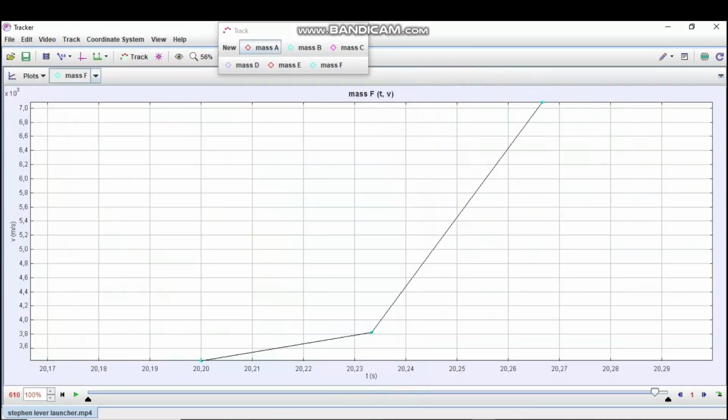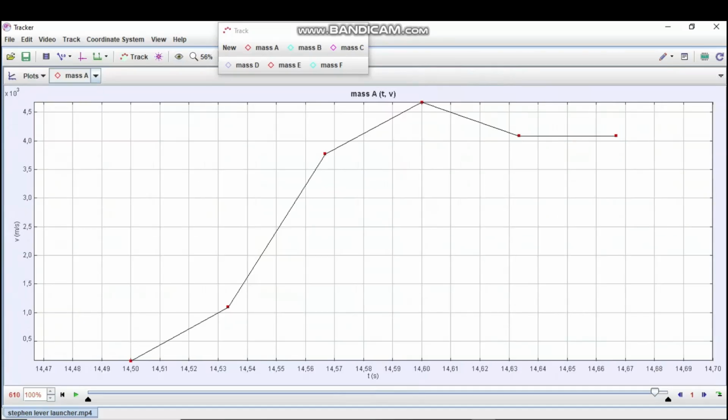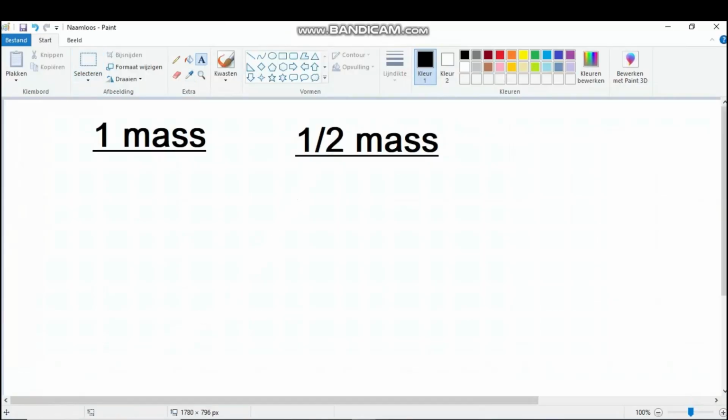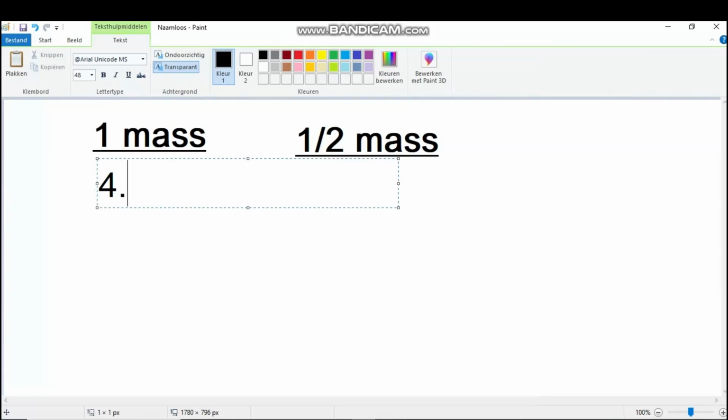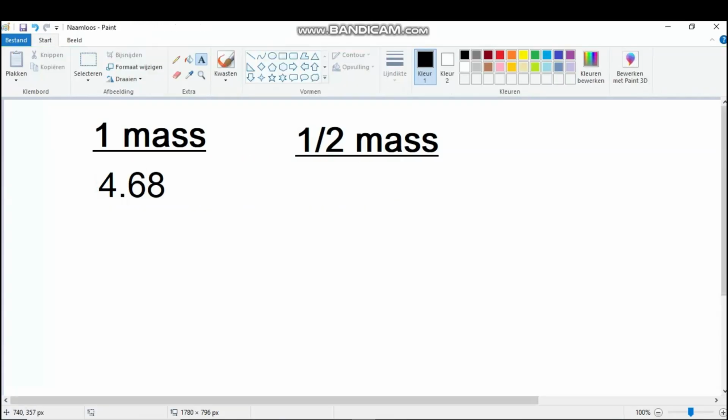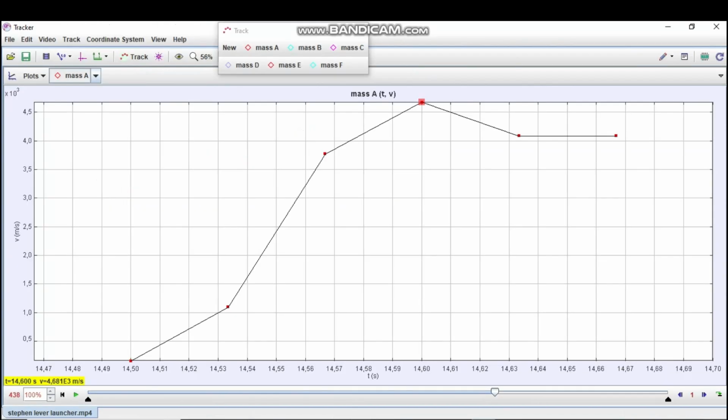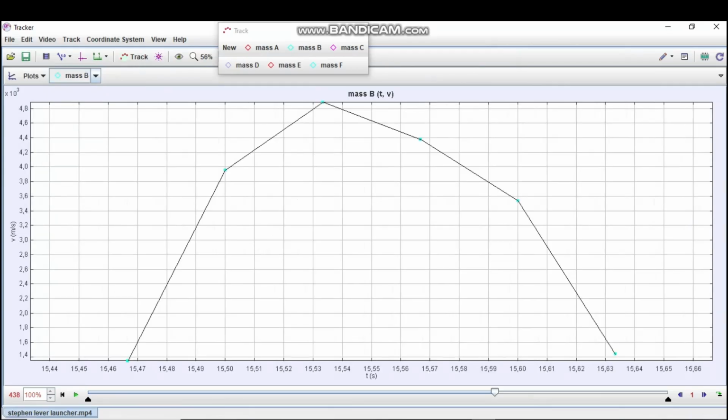So we go to the first one. The 1 mass, which has a maximum velocity over here, right at the top, and we can see on the left corner what the number is, 4.68, and we're going to write that down over here, trial 1, 4.68, right? Then the second trial has a maximum velocity of 4.89.